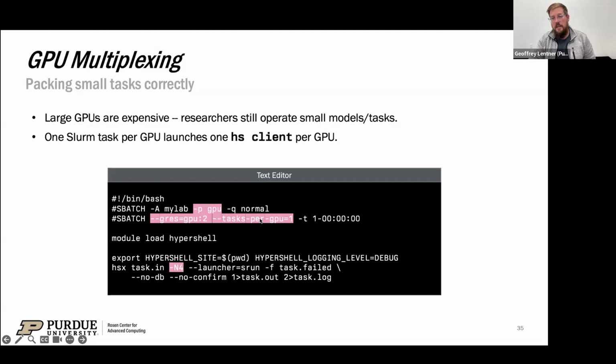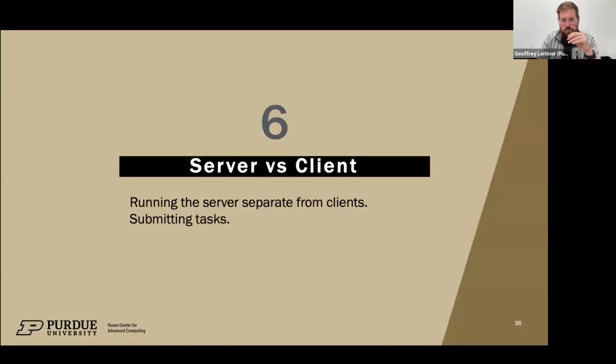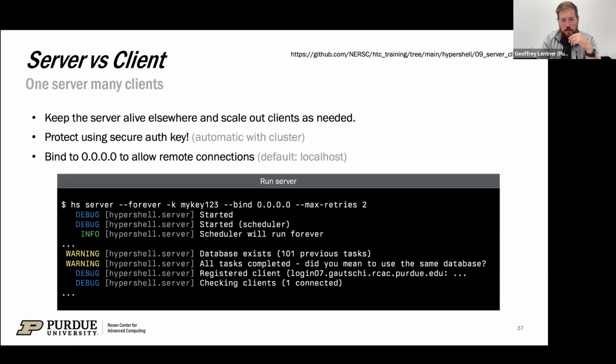These are, at least in our case, very large 80 gigabyte NVIDIA H100s, and a lot of the researchers that I work with can fit a dozen or more of their tasks side by side on that machine. So I can pick a level of parallelism per GPU commensurate with however big my individual task is and accomplish this kind of sharing very easily without some long convoluted script. I'm not going to go through the motions of that, but I just wanted to call it out as a particularly important use case that I see a lot of.